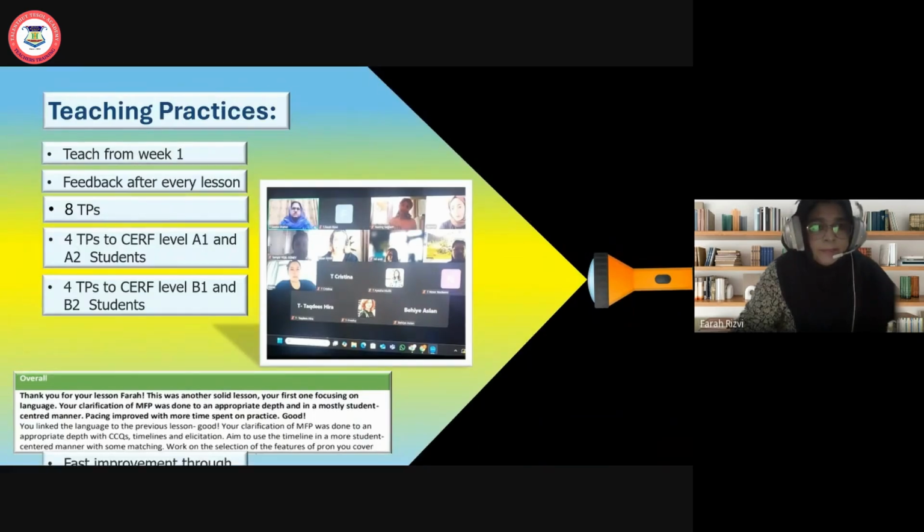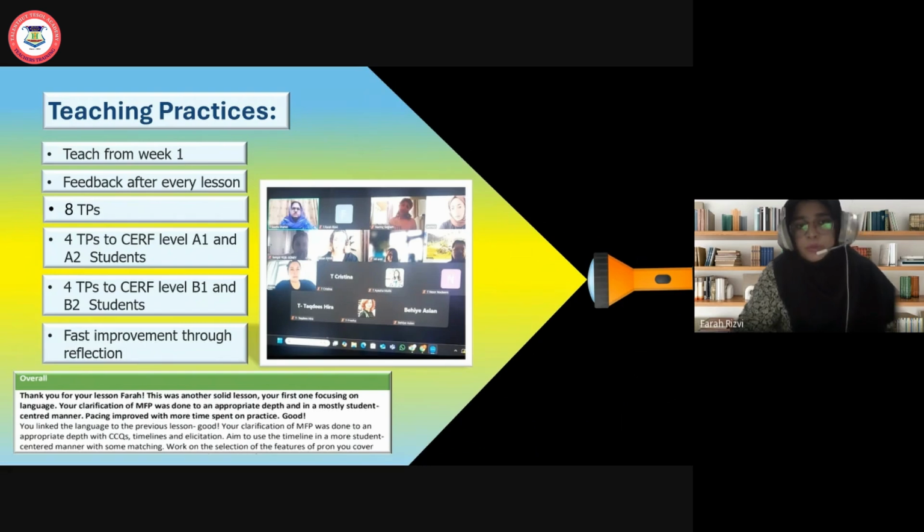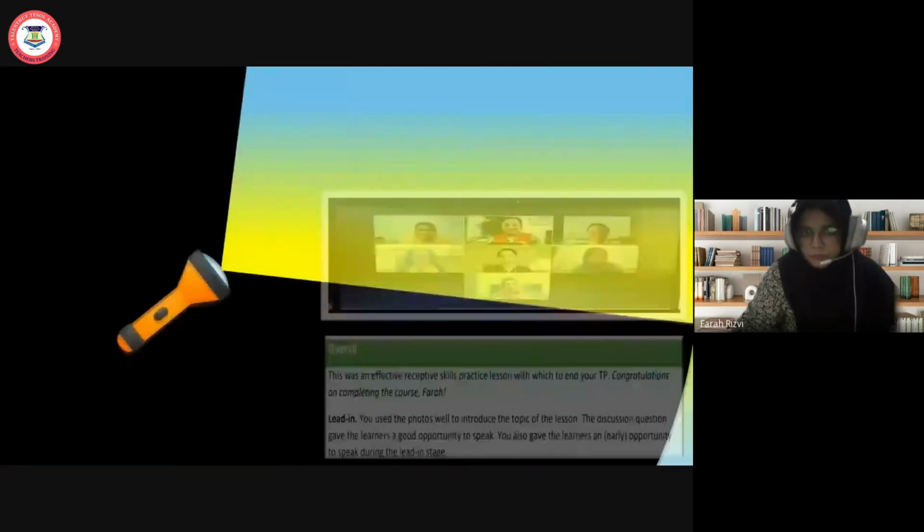Okay, let's move on. Fast improvement through reflection. You are going to receive feedback from your tutor. You are going to do your own self-evaluation. You are going to receive feedback from your peers as well, and you are given action points even in your lesson framework feedback, and you are going to work on those action plans in order to make your next TP more effective.